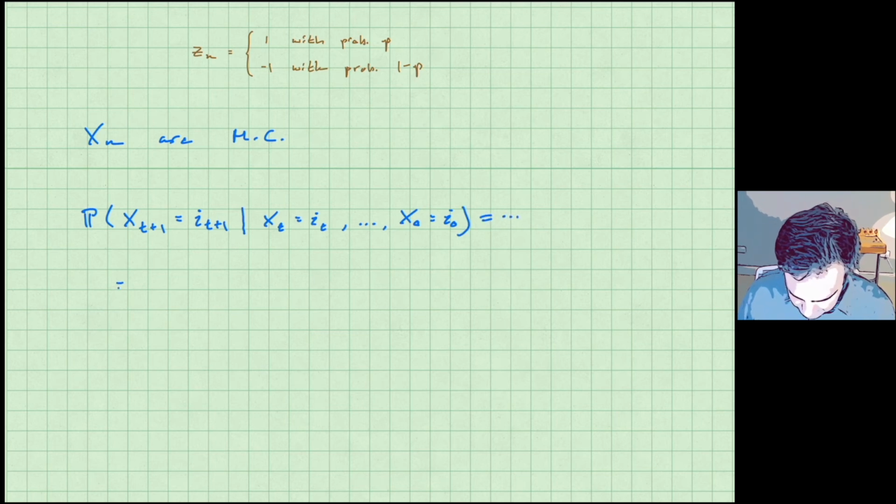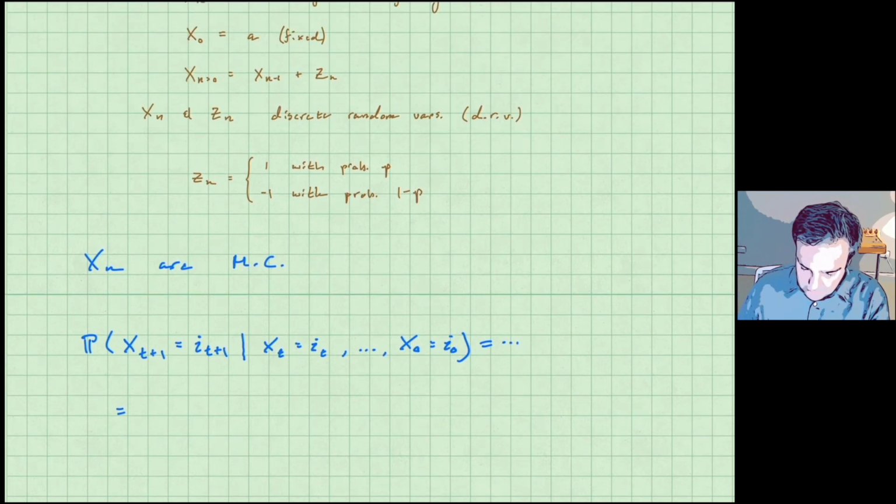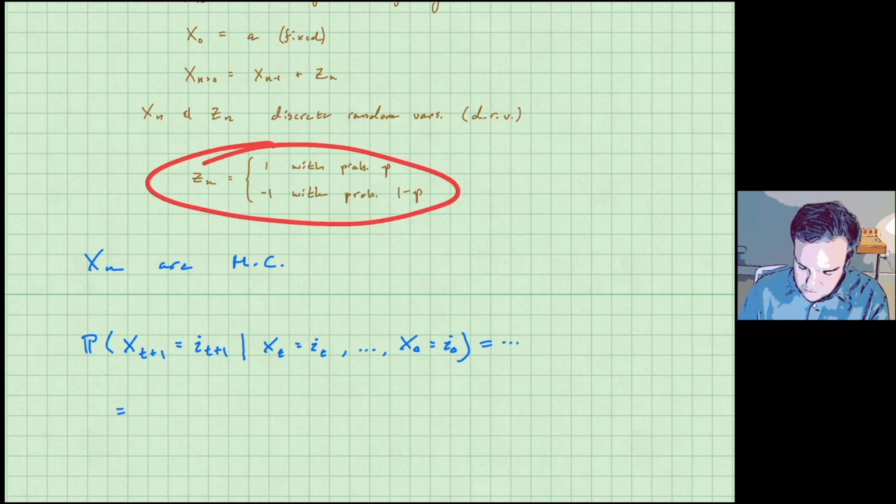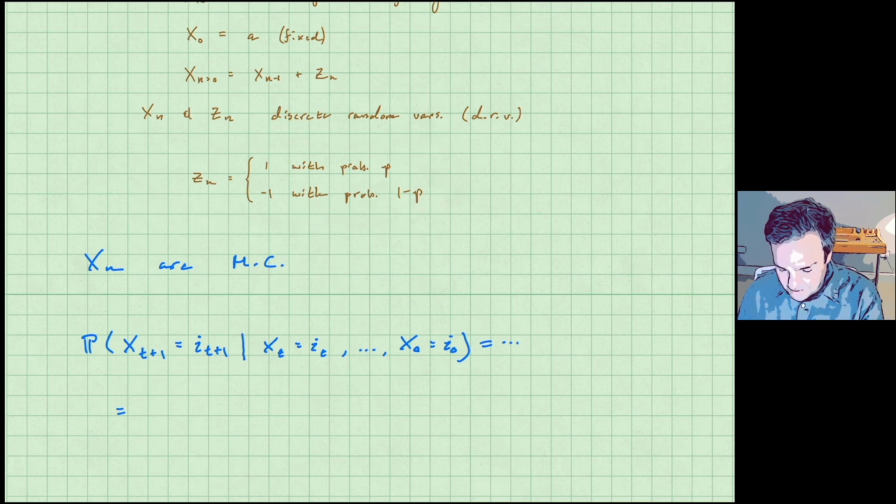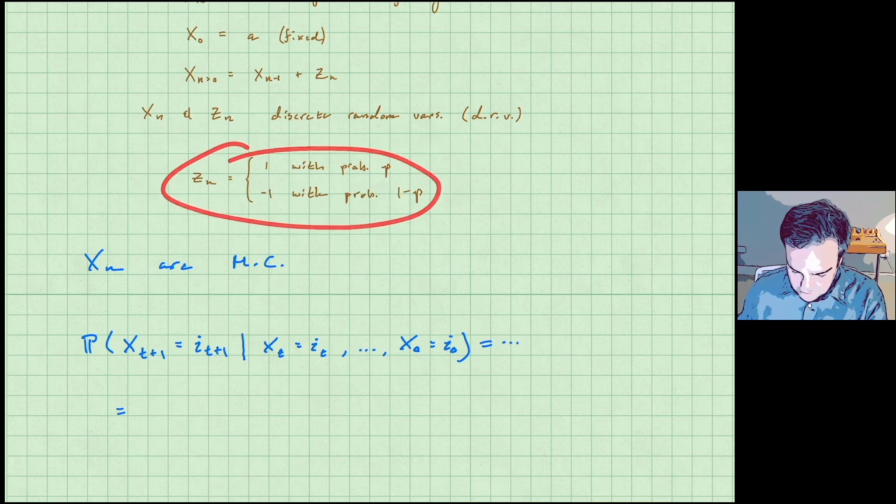Okay, what does that actually equal? Well, we can write it out because we have this rule. Here's x sub n, written in terms of the previous one. This is the dead giveaway. And this Z thing, the Z random variable's distribution has nothing to do with the past. It's only this thing here. So that's just how it's going to work.